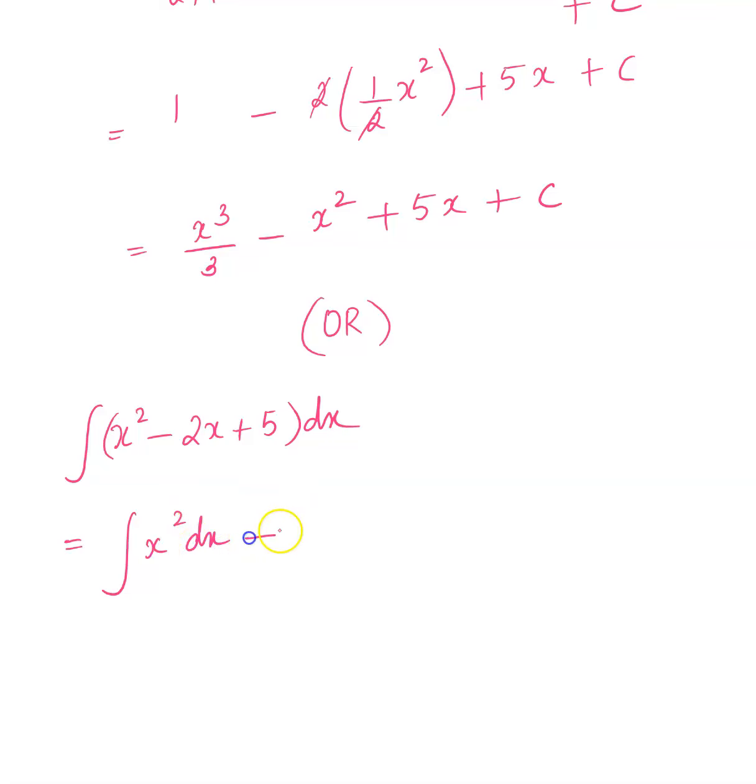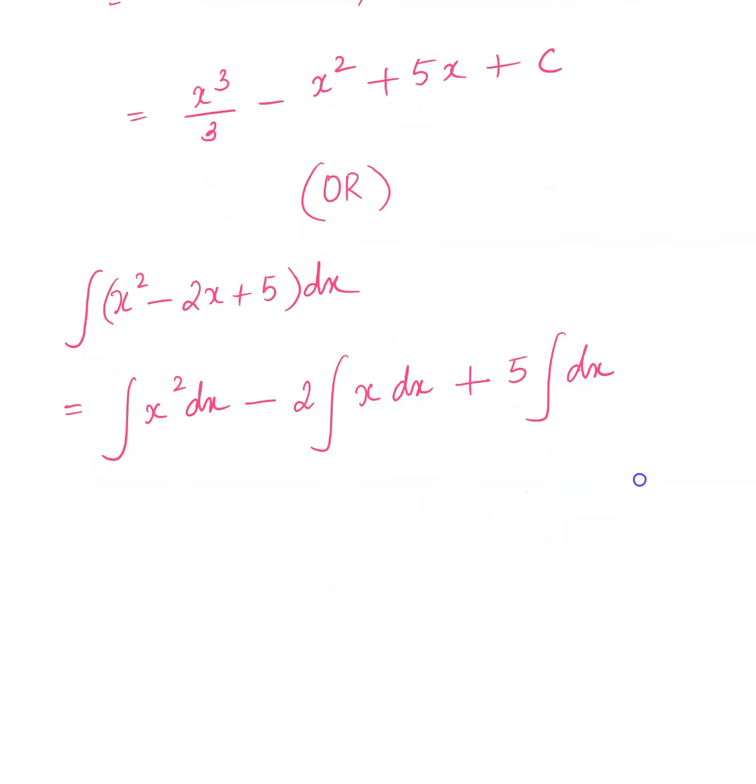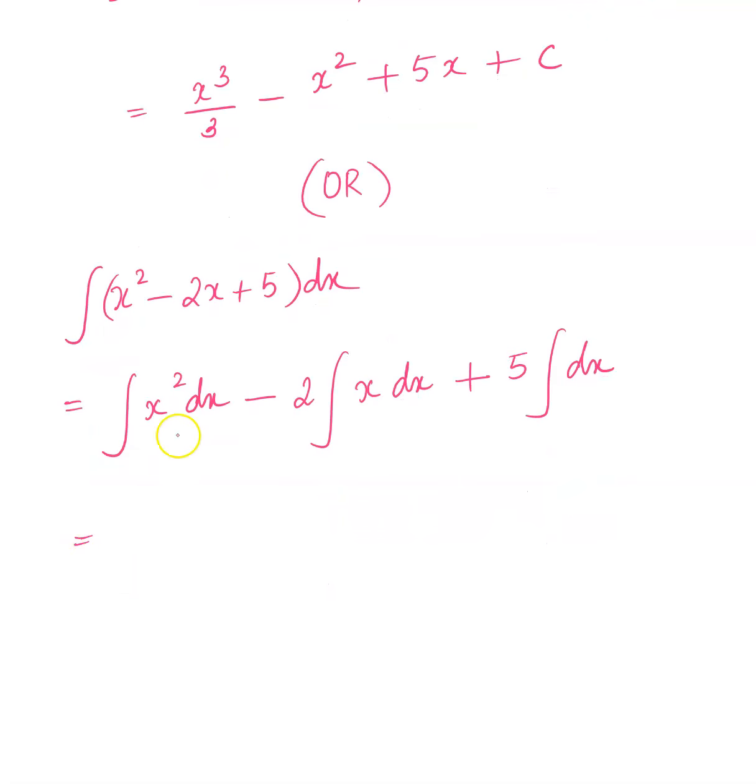The sum and difference rule. Then you can pull out the constants, just like we would do with the derivative. It'll be a whole lot easier where you can just focus on the x and pull out the constants. Plus 5 integral dx. And that again would be x cubed over 3 plus c.